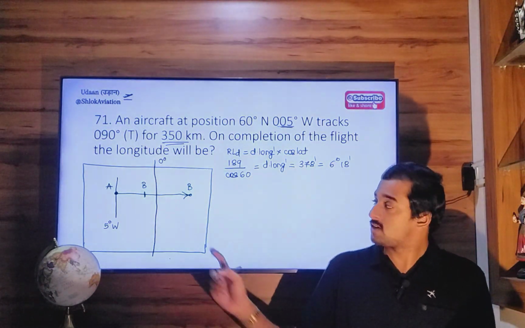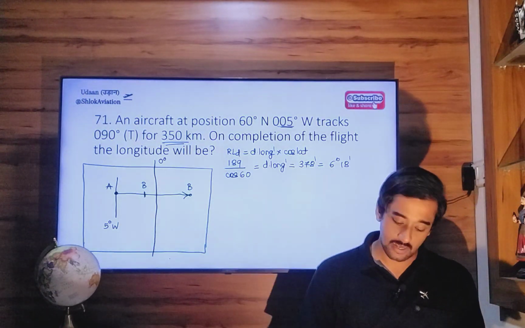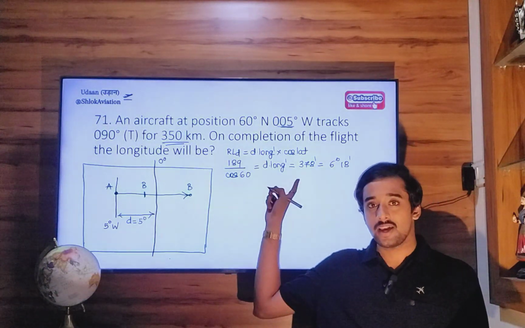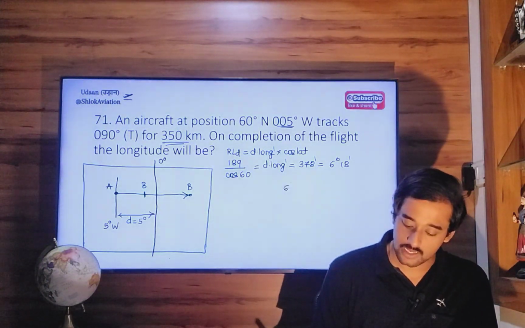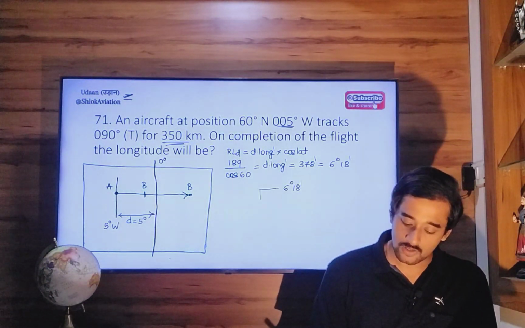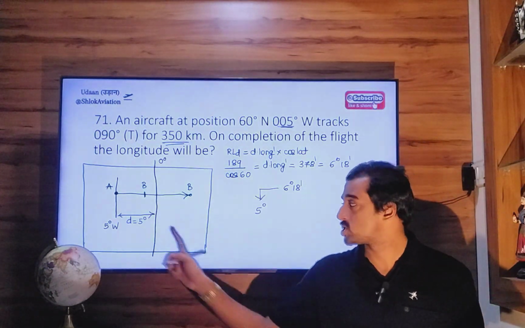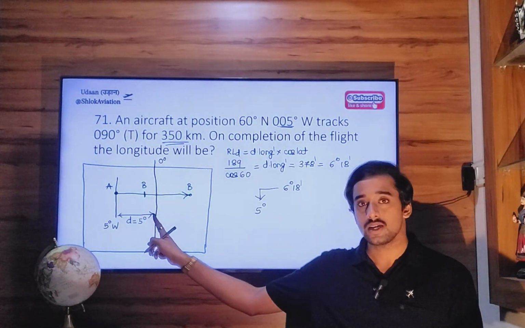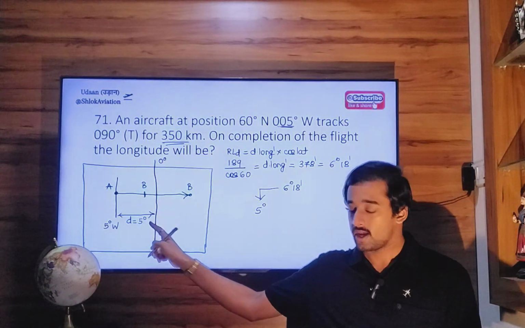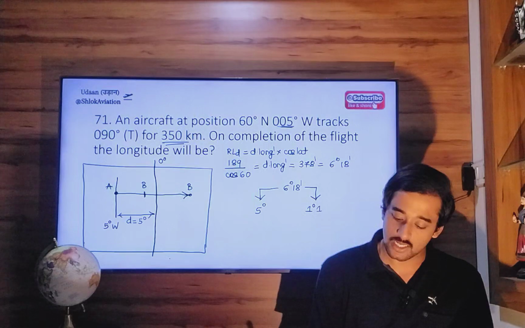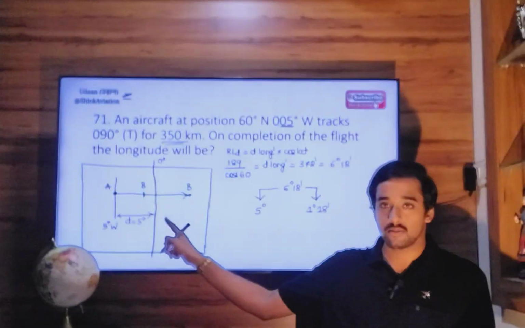So now the difference between prime meridian and 5° west, the D long here, is 5 degrees. The D long that we have got is 6 degrees 18 minutes. That means out of this 6 degrees 18 minutes, you are going to travel 5° of longitude in the western hemisphere, reach the prime meridian, and the remaining 1 degree 18 minutes will be traveled in the eastern hemisphere.